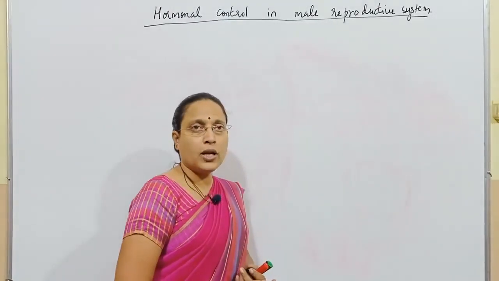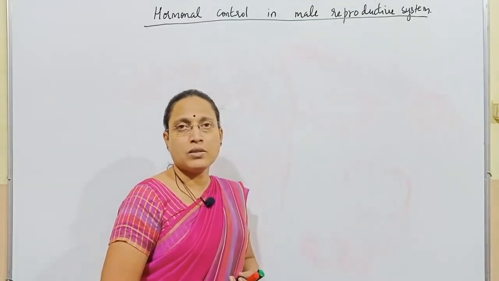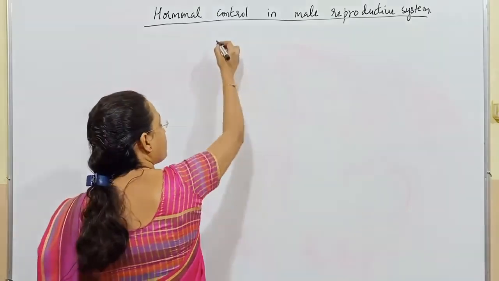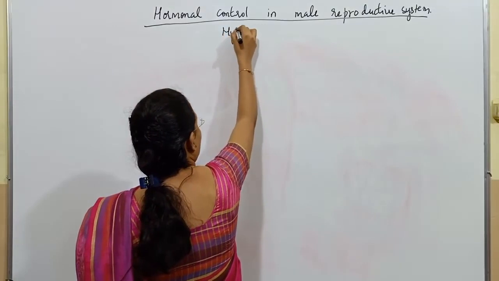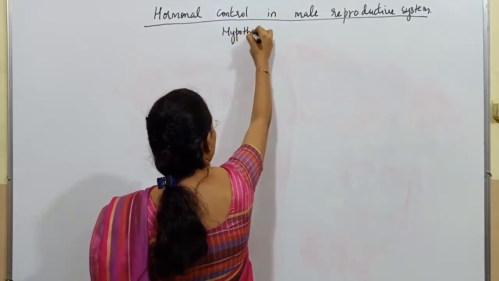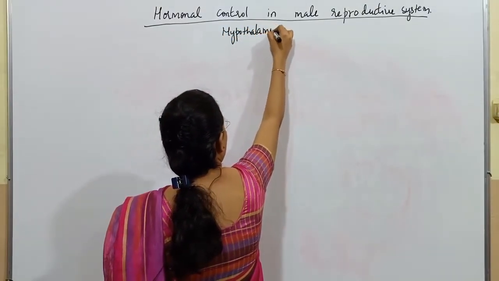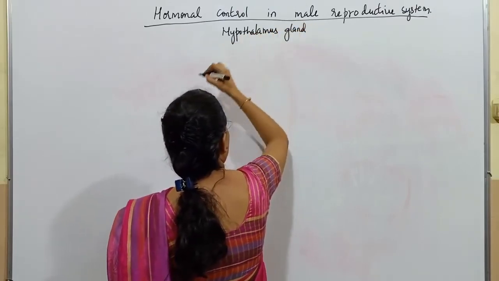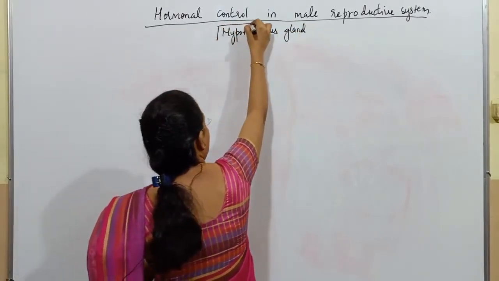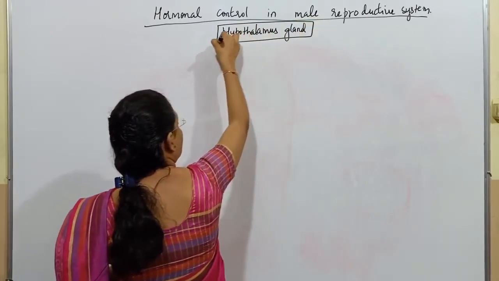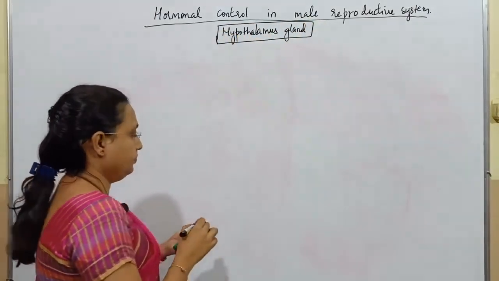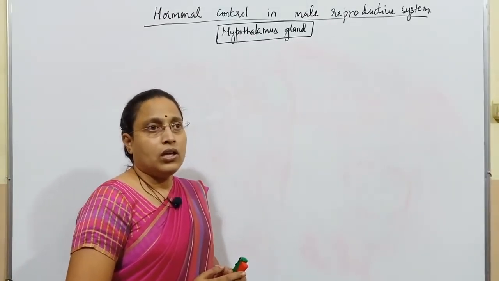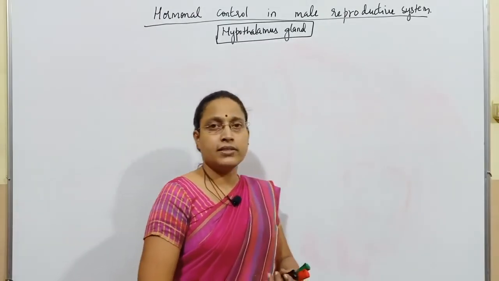The hormonal control in the male reproductive system begins with the gland called the hypothalamus.